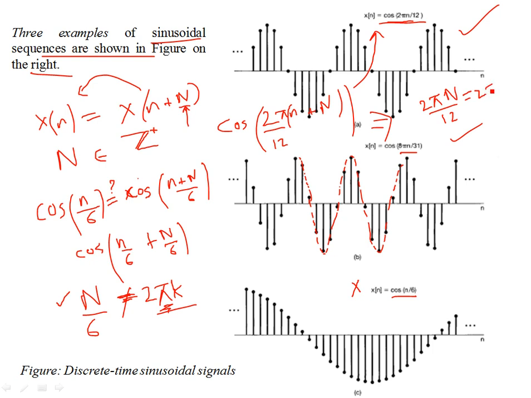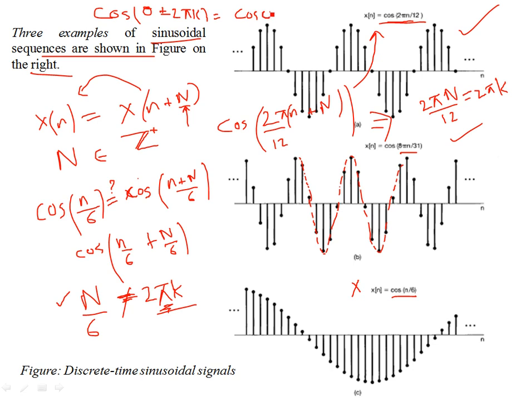Okay, why? Because adding or subtracting 2 pi in the argument of cosine doesn't bring any change. I know that cosine theta plus or minus 2 pi k is again cosine theta. So that's what's going on over here.